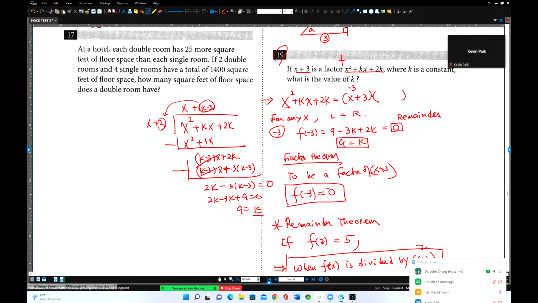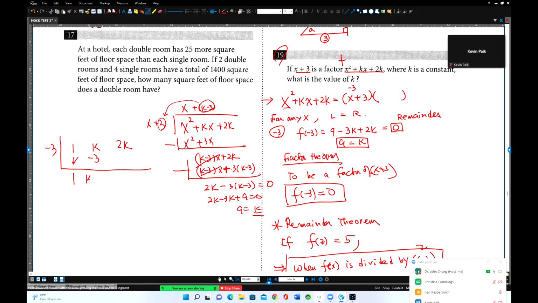Synthetic division is about coefficient operations. The x squared coefficient is 1, then k, and the constant is 2k. Upside down, minus 3 up here, right? Bring this one down. Negative 3 times 1 is negative 3. In long division you subtract, but when you use synthetic, it's going to be addition.